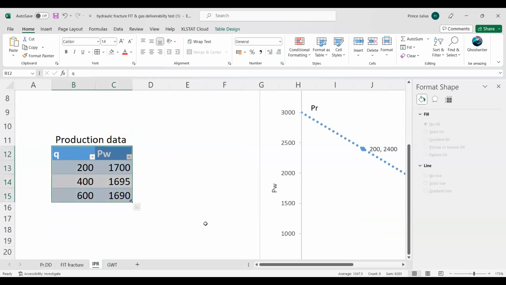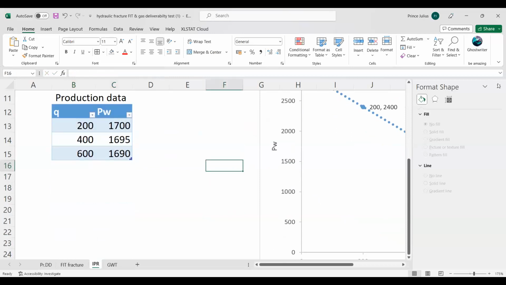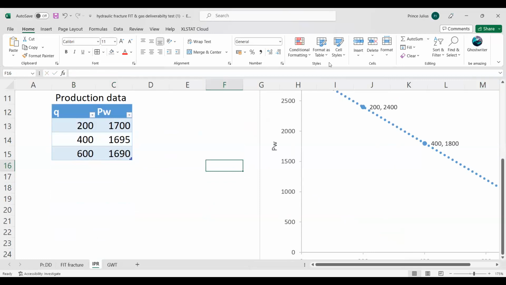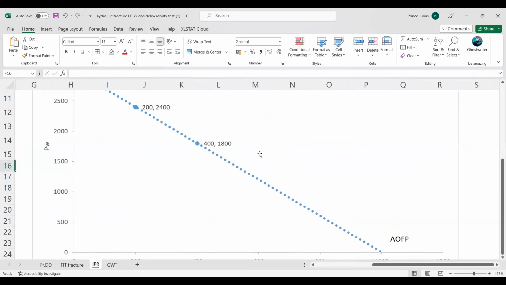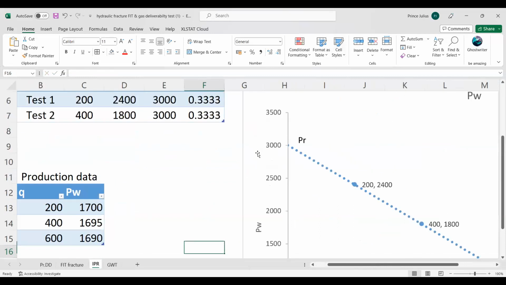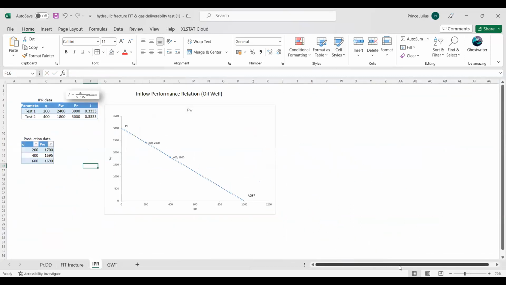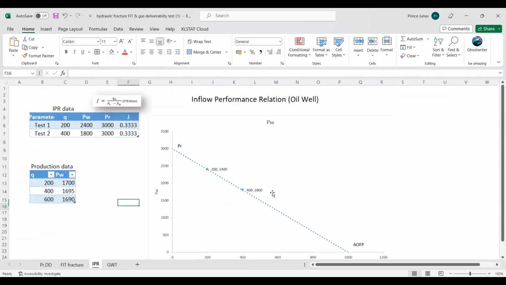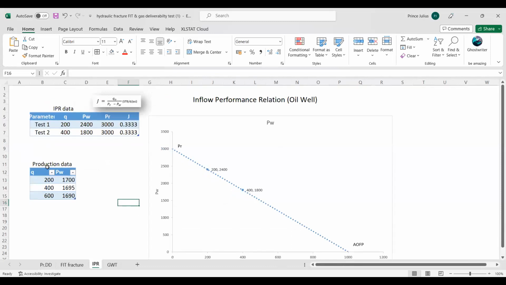So right now, my objective is to estimate the value of best stabilized production for that particular adjustment. So for that, what do I have to do? This is my tubing diameter.